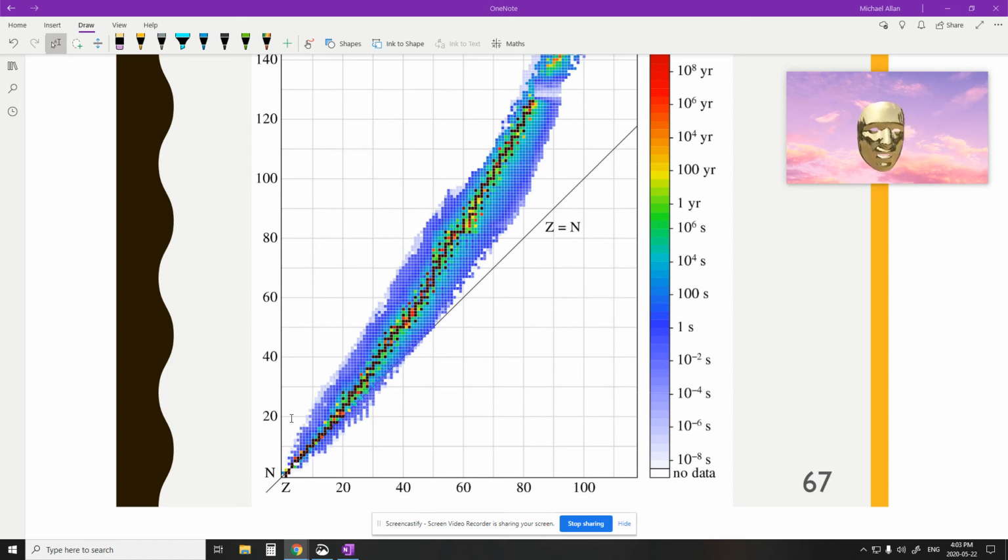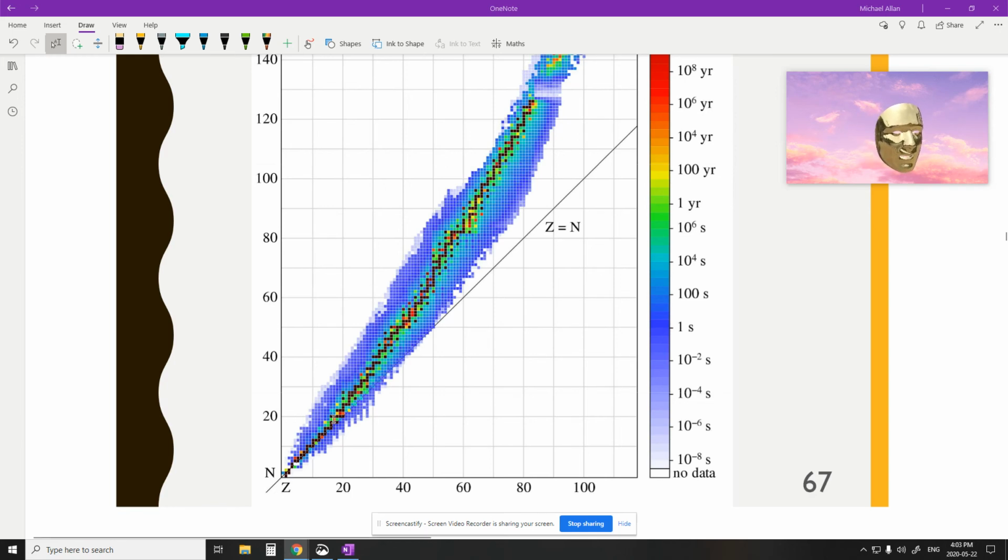But once you start getting too many protons in such a small place, even throwing in some neutrons, you spread them out too much, and the strong nuclear force is no longer holding them together. So too many neutrons, too far apart, no strong nuclear force. Too few neutrons, they're too close together, and the strong nuclear force can't hold them together anymore. So they become unstable.